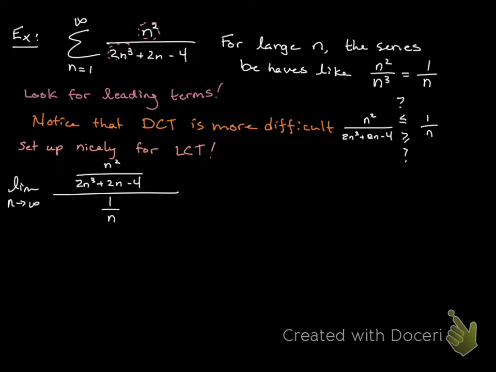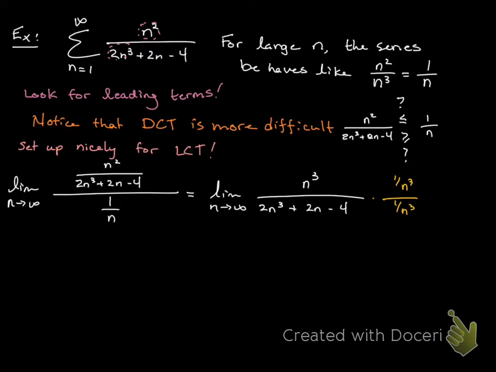When I take n squared divided by 2n cubed plus 2n minus 4 and divide that by 1 over n, it's the same as multiplying by the reciprocal. I have an n cubed in the numerator now, and that polynomial in the denominator. You could apply L'Hopital's here, but again, it would require a couple applications, at least 2, in order to get a result.